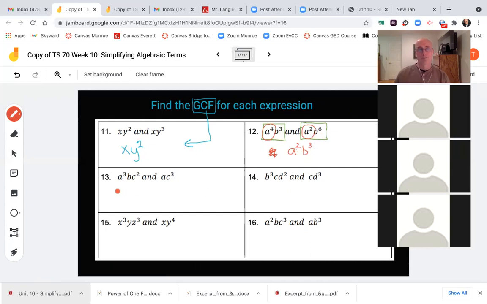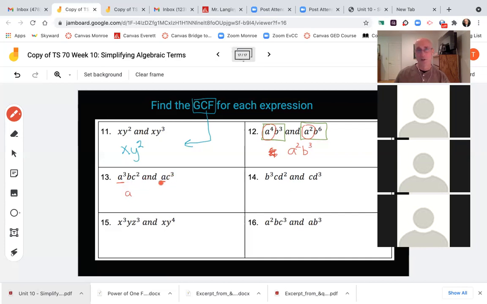Let's do another one. I've got number 13 here, a to the third, b c squared, and a c to the third. What do they share in common? I've got an a here, you see my a's? But you'll notice this one only has one a, so they both share a. That is a common factor. Look at my b's. I've got a b here, and I have no b's here, so b's out.